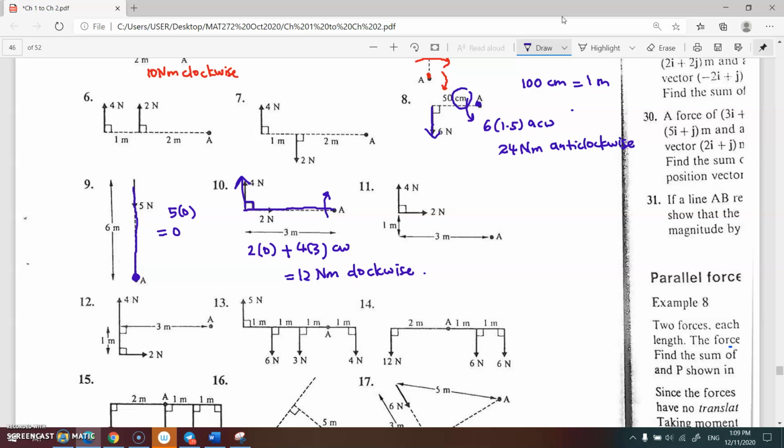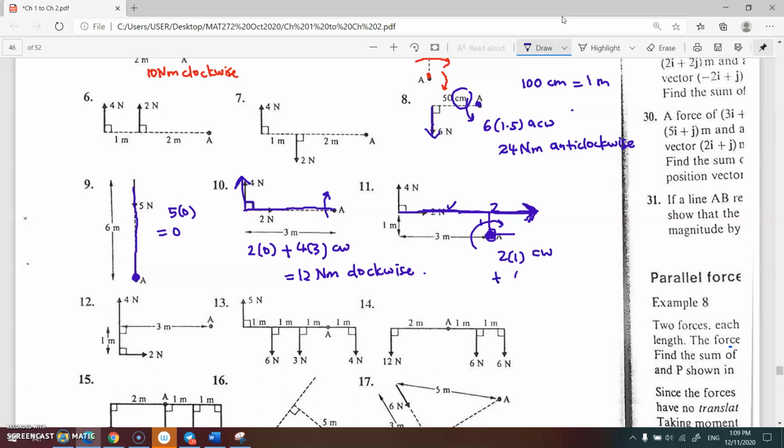How about question number 11? So for question number 11, we have 2. And how about the distance? If we pull it here, the perpendicular distance would be 1. So we have 2, 1. And if we pull it like this, the rotation at this point will go clockwise.